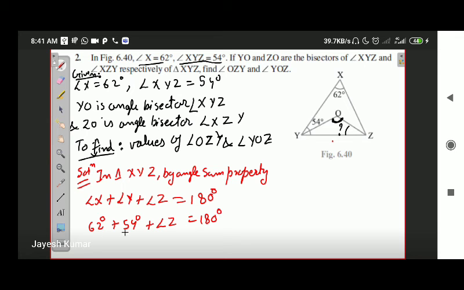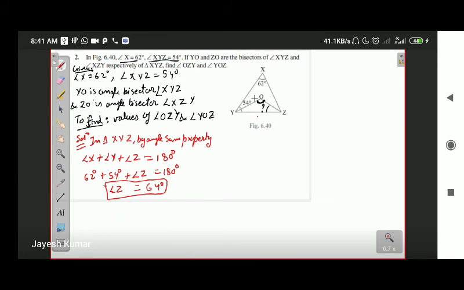Now 62 plus 54 will be 116. If we subtract 116 from 180, the value of angle Z will be 64 degrees. Now we have determined the value of angle Z.